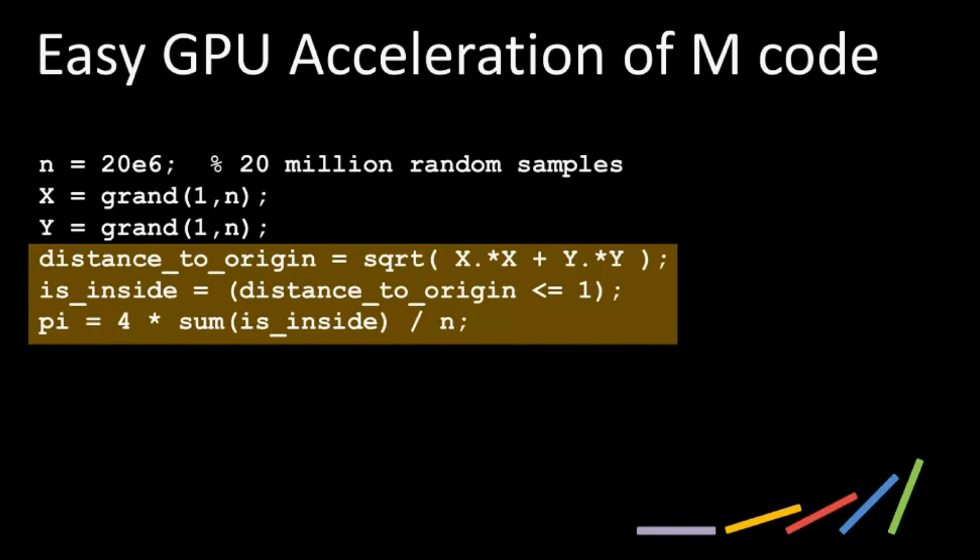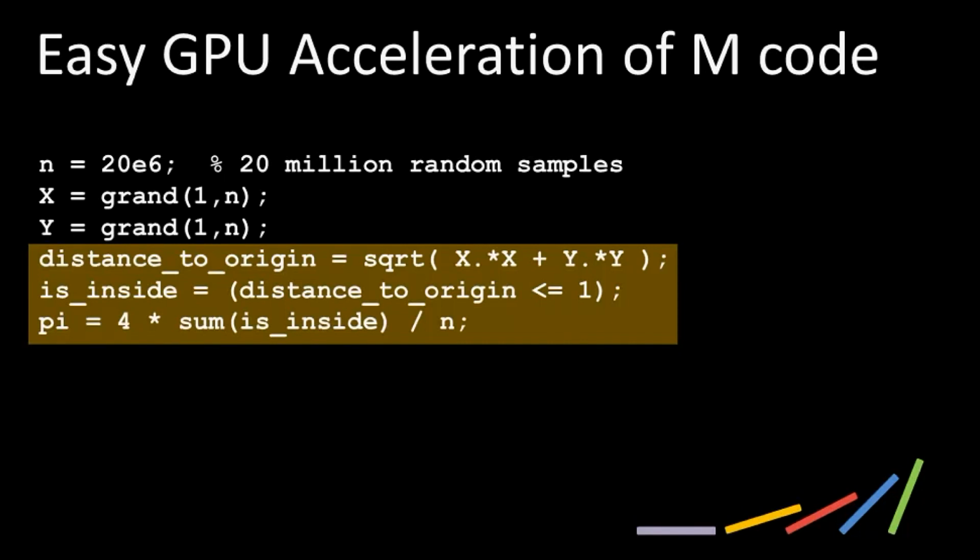So, for instance, on the distance to origin line of code, since X and Y are both G-doubles, those multiplications and the addition as well as the square root all occur on the GPU and get assigned into the variable distance to origin, which is stored in the MATLAB workspace as a GPU variable.